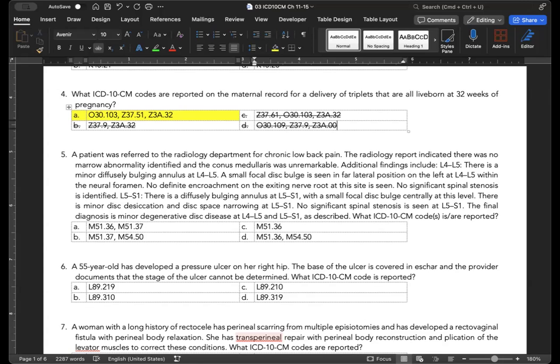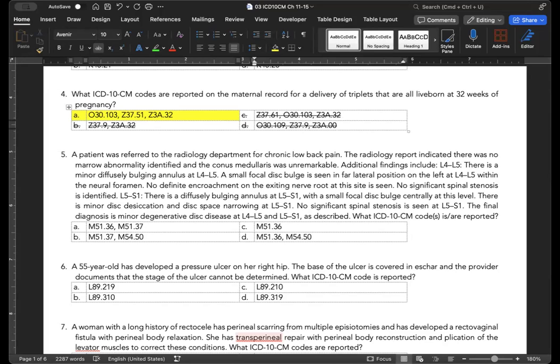No definite encroachment on the existing nerve at this site is seen. No significant spinal stenosis is identified. And then for L5S1, there is a diffusely bulging annulus at L5S1 with a small focal disc bulge centrally at the level. There is minor disc desiccation and disc space narrowing at L5S1. There's no significant spinal stenosis seen at L5S1. And the diagnosis is major degenerative disc disease at L4, L5, and L5S1 as described.